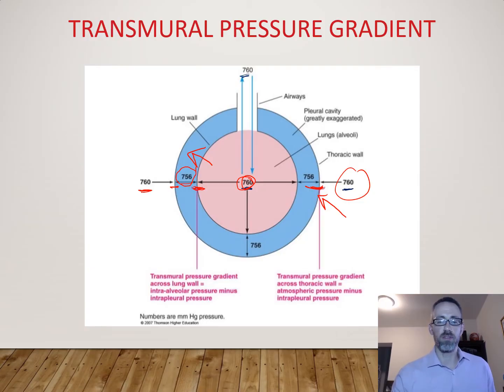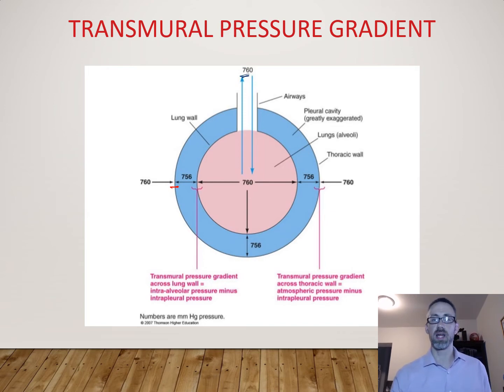Now this is an important feature because the fact that the inside of the lungs have a higher pressure than the intrapleural space is primarily what helps to keep the lungs stuck and open against the inside thoracic wall. The pressure in the lungs is greater than the intrapleural pressure, and so therefore it's an outward pressure that helps to keep the lung open and adhered to the wall.